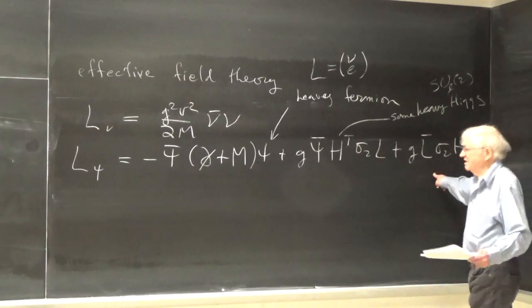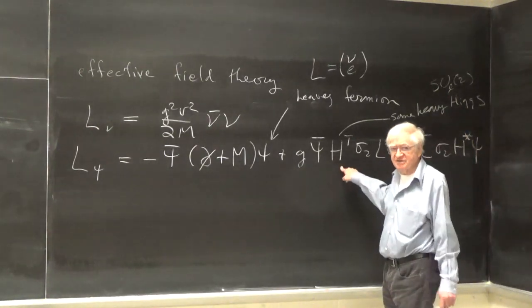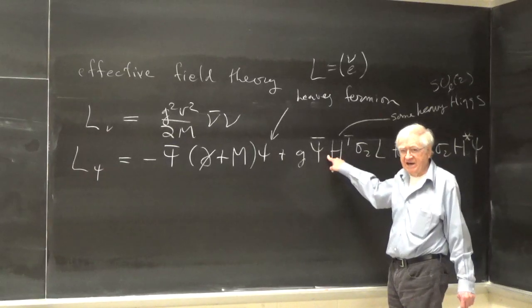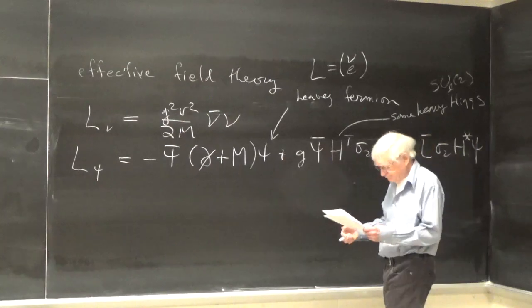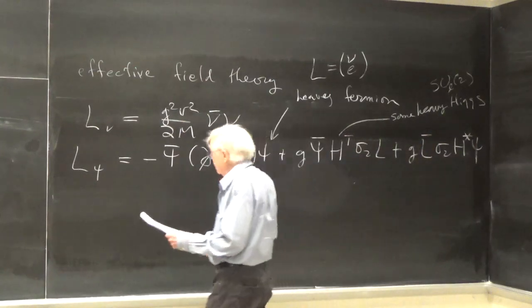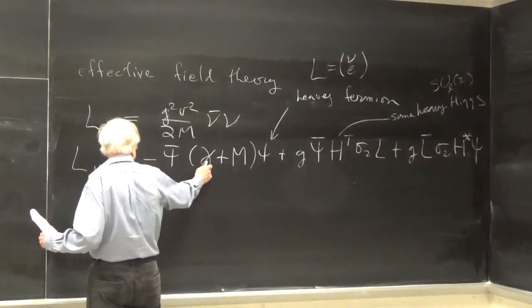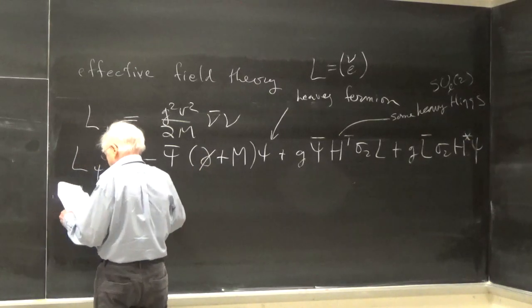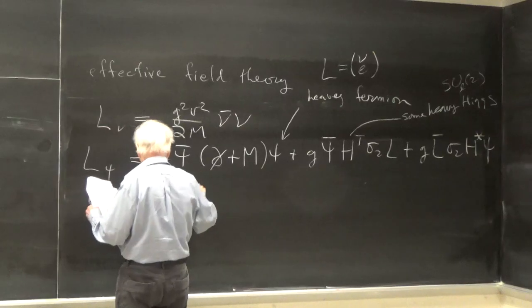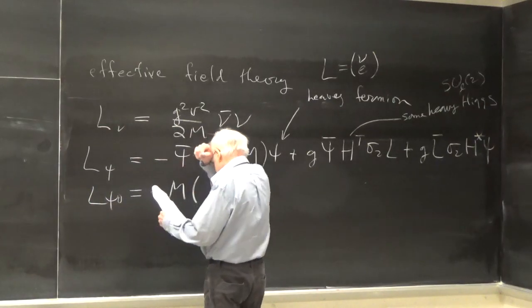Anyway, you take this thing, you complete the square, and you functionally integrate over psi. First you drop the derivative term, and then you get L psi 0 being minus m psi bar psi, and you complete the square.